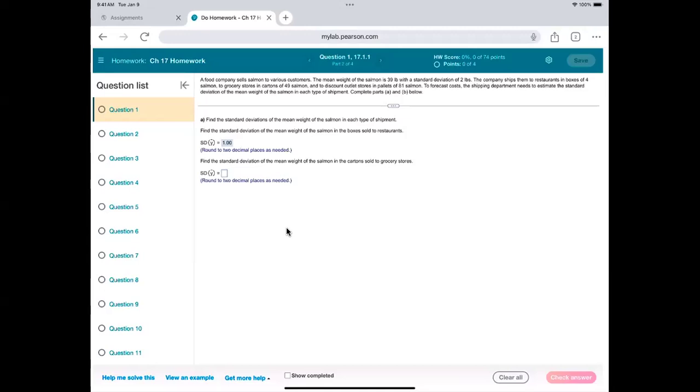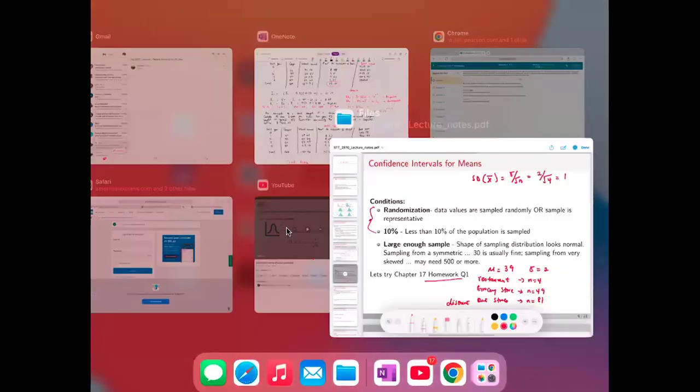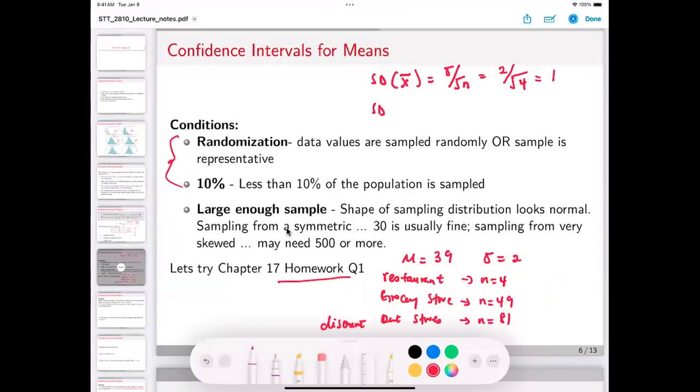The next one is that we want to find the standard deviation of the mean weight of salmon that is sold to the grocery stores. Same idea. So sigma is still 2. Sigma is still 2 divided by root n. For the grocery store, n is 49. The square root of 49 is 7.